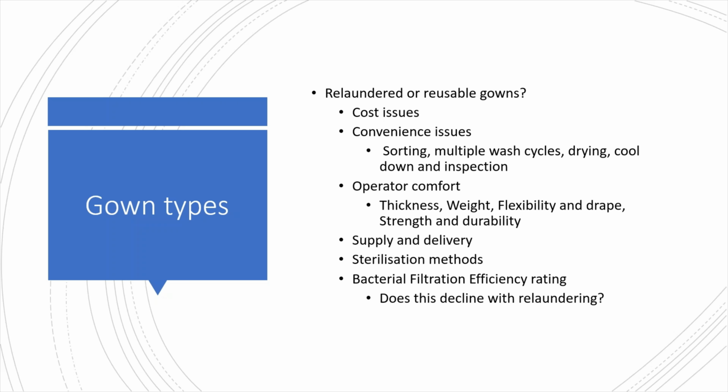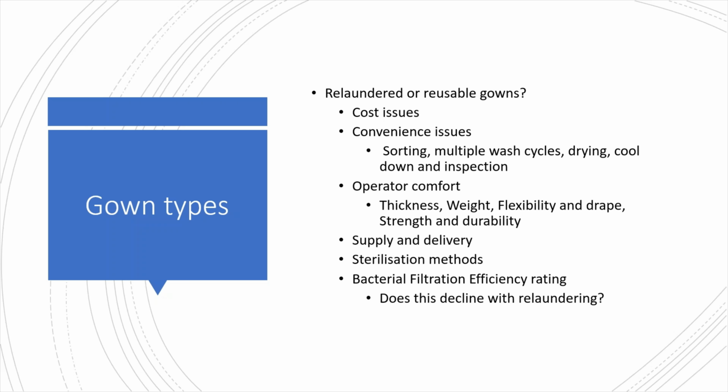But there will be cost issues, there will be convenience issues in terms of whether gowns come in as single-use disposable items, against sorting gowns, multiple wash cycles, drying, cooling down and inspection, as against relative cost. Then there is operator comfort, the degree of thickness, weight, flexibility, drape, strength and durability, the ease of supply and delivery. The sterilisation method is important.